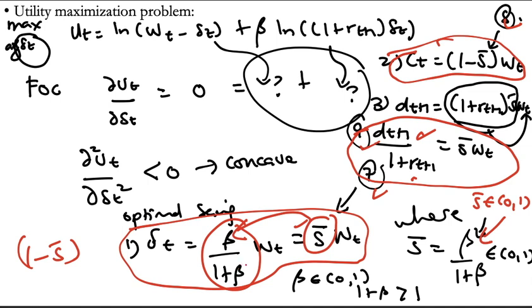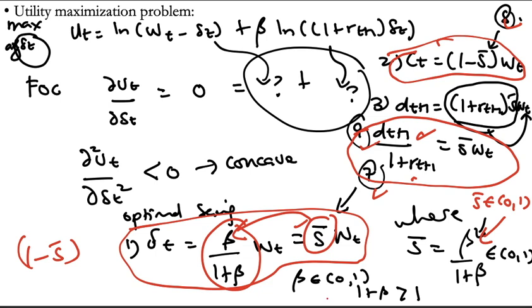Now, it is obvious that a more impatient individual, with a lower beta, will see his saving in terms of proportion of his income reduced. Notice, however, that the interest rate does not affect the amount of income that each individual will save.